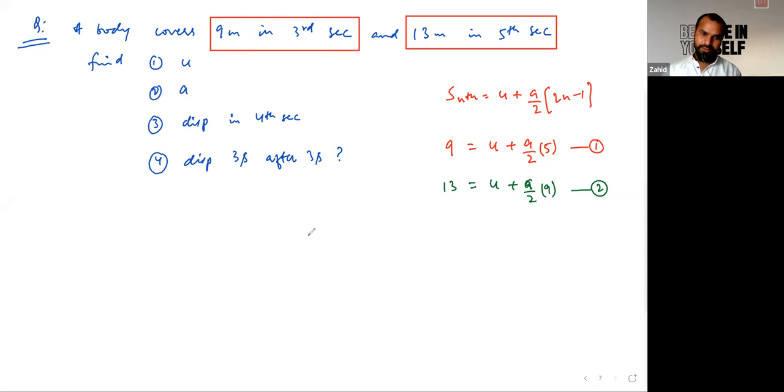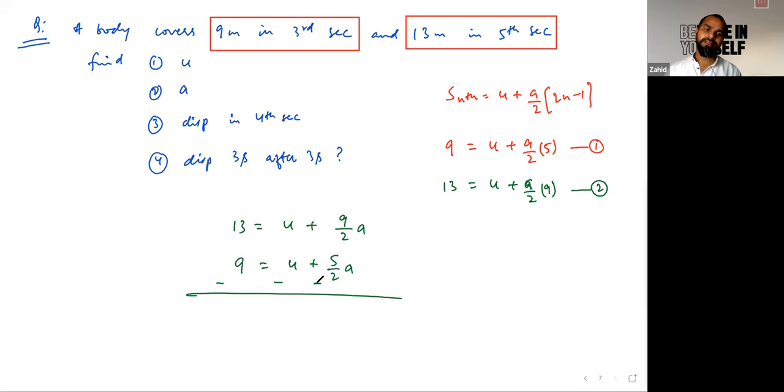How to solve these two equations? There is the first method. Suppose 13 equals u plus 9 over 2 times a, and 9 equals u plus 5 over 2 times a. Just subtract: minus, minus, and minus.